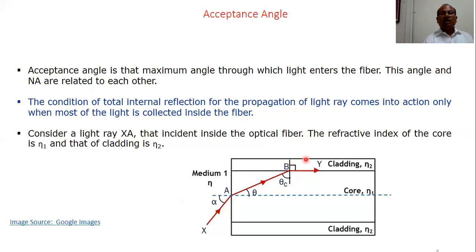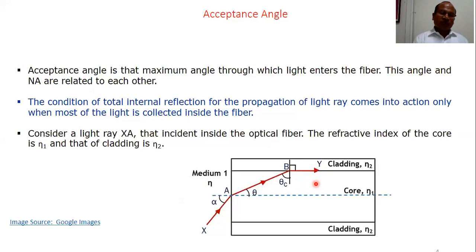So consider a light ray XA here, that is incident inside the fiber. The refractive index of core is N1 and the cladding is N2. If you increase the value of alpha, the angle of incidence will change, and the light is either refracted, follows this surface, or is reflected back inside the core.